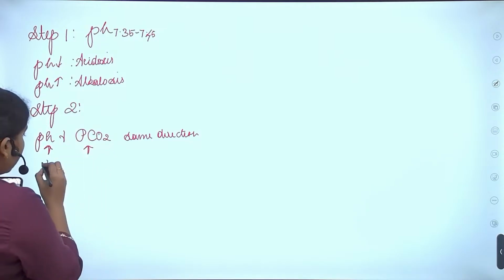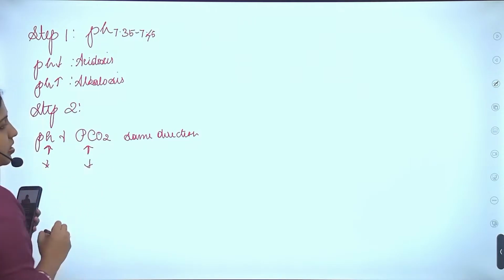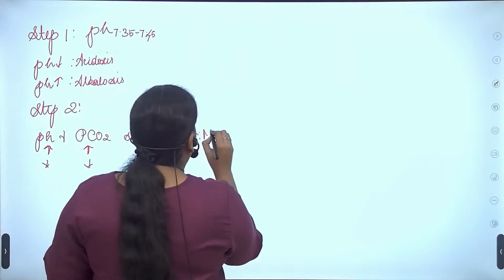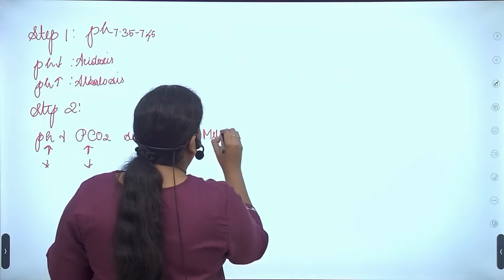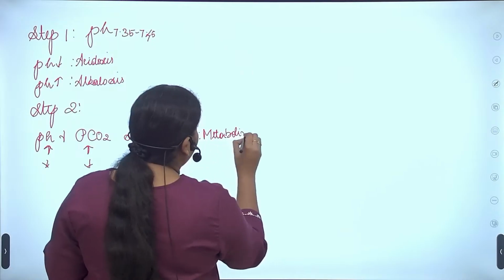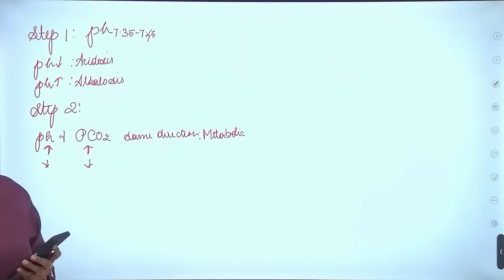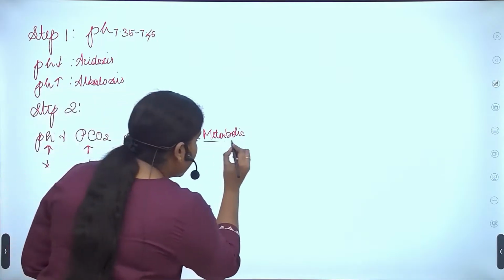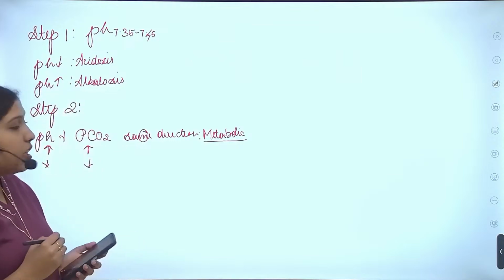If the pH is decreasing, PCO2 is also decreasing. In this case, we are terming it as a metabolic problem. So remember the same M, it is a metabolic problem, right?